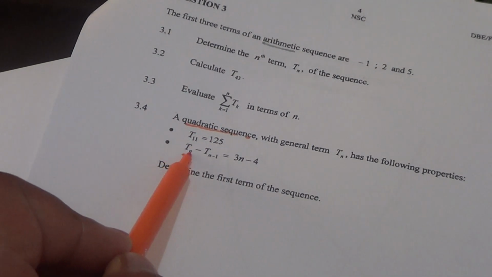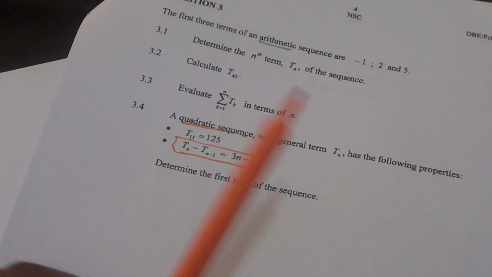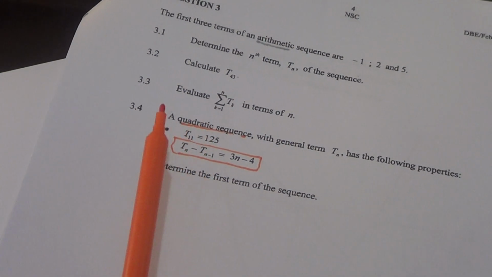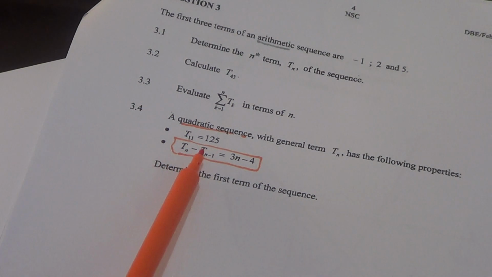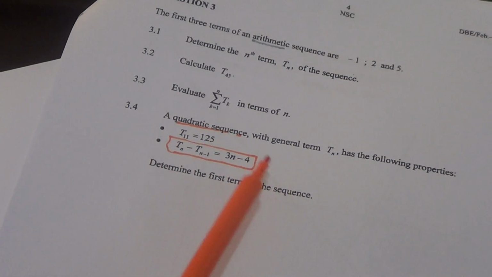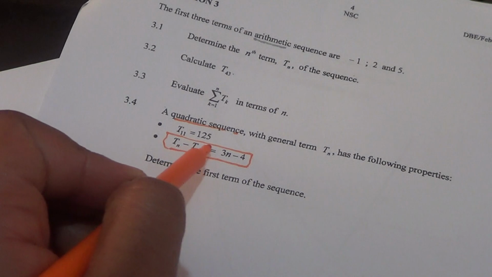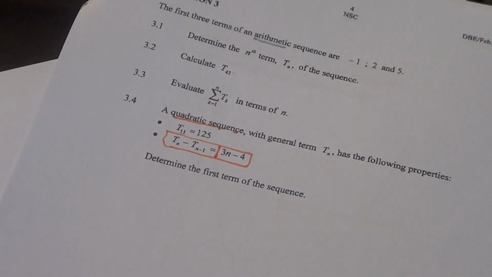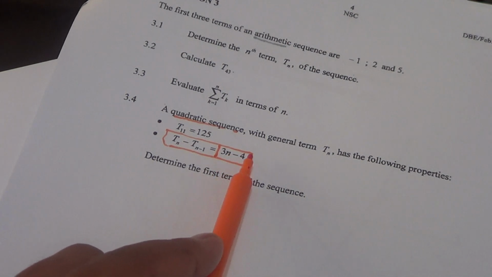So now when you look at this, ideally, if you had, for example, that tn minus 1 and you got a d, you would know this is an arithmetic sequence. But this one, what does it give us? If you inspect this other side of the equal sign, you can see that this is a linear sequence.